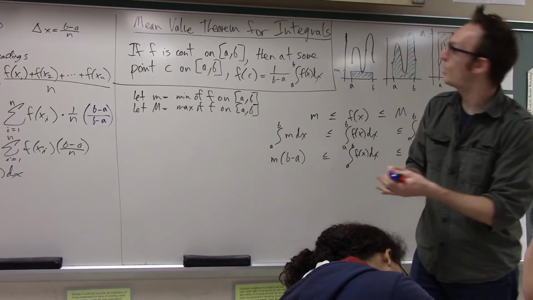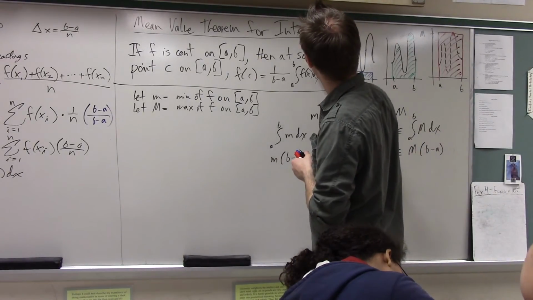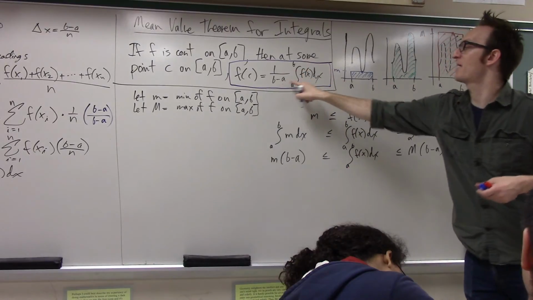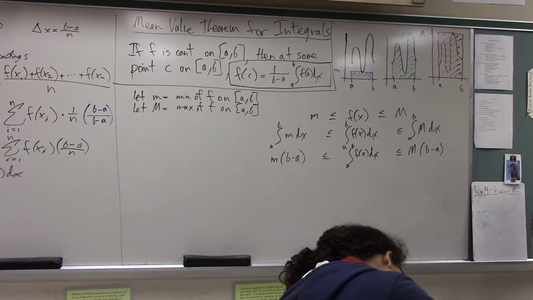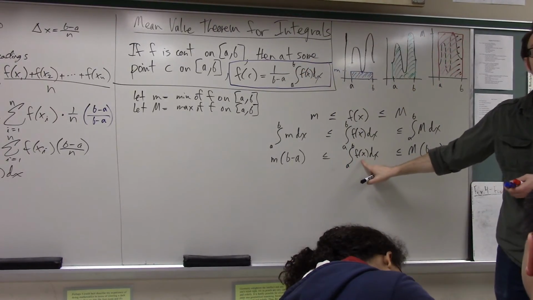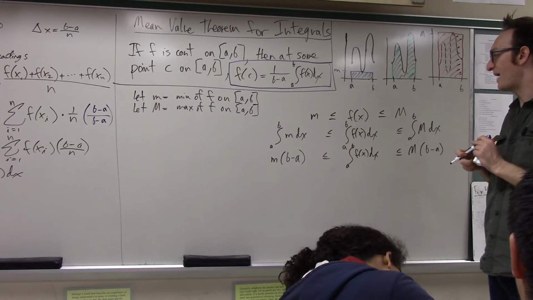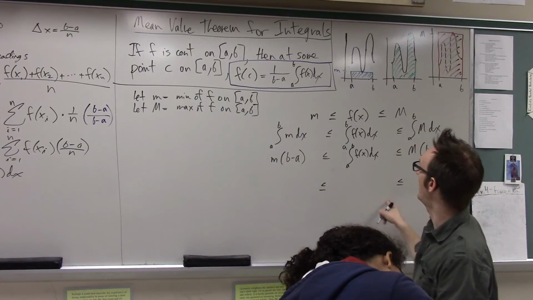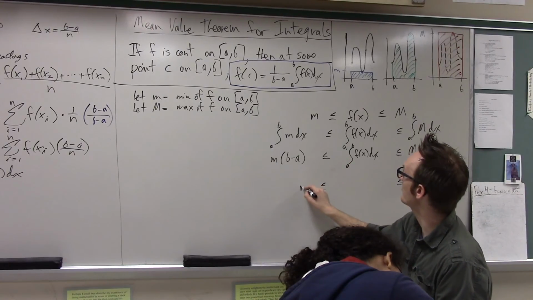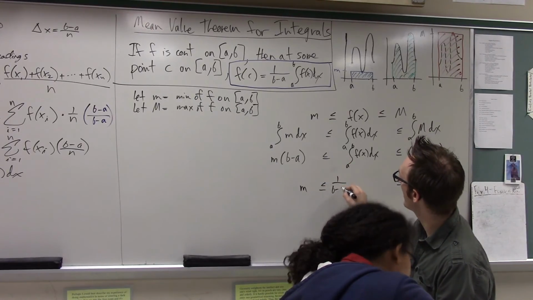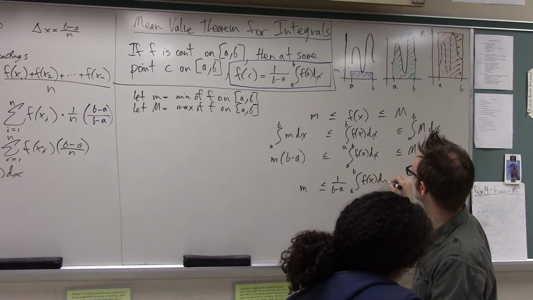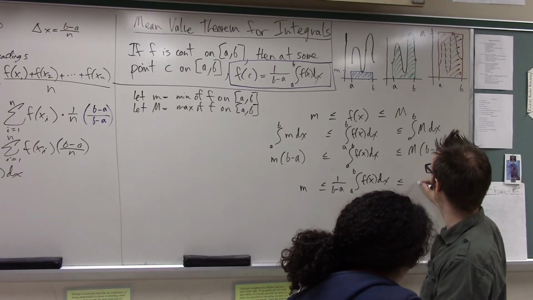We're trying to show that somewhere this function has the value 1 over b minus a times the integral from a to b of f of x dx. So if I divide all three sides of this inequality by b minus a, then I get that 1 over b minus a times the integral from a to b of f of x dx is in between little m and big M.